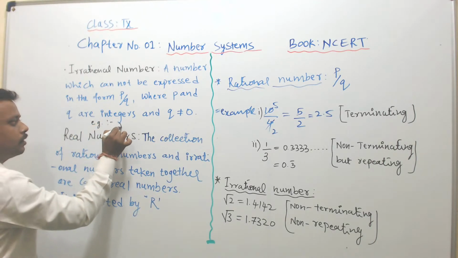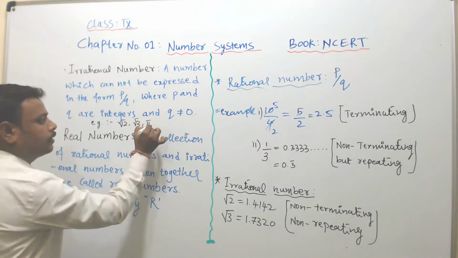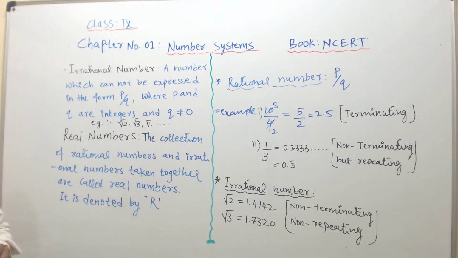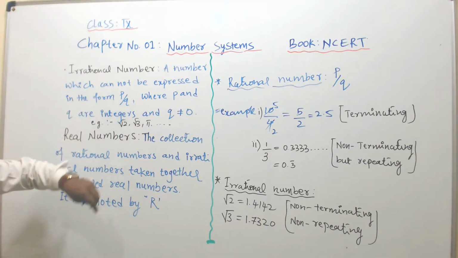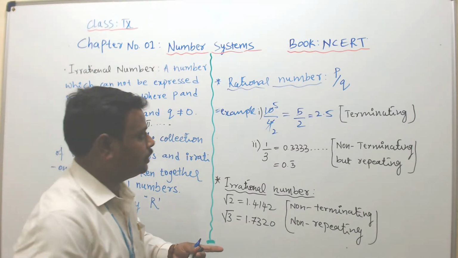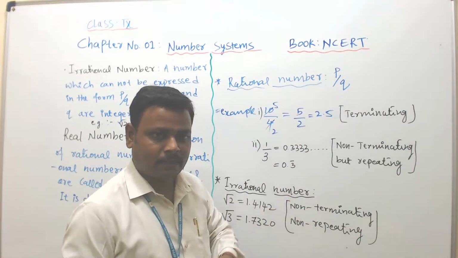Examples for irrational number are root 2, root 3, pi, etc., which cannot be written in the form of p by q. So this explains the decimal expansion of a rational number and irrational number.